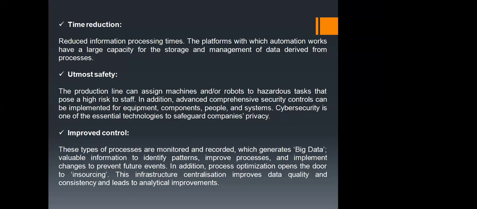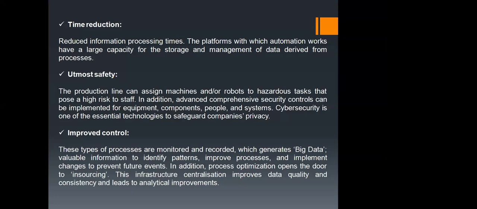As we are relying on the Internet of Things and other information coming from the web, cyber security is another key feature in Industry 4.0 technology, which is to be tactfully handled. So utmost safety is another important advantage of automation.